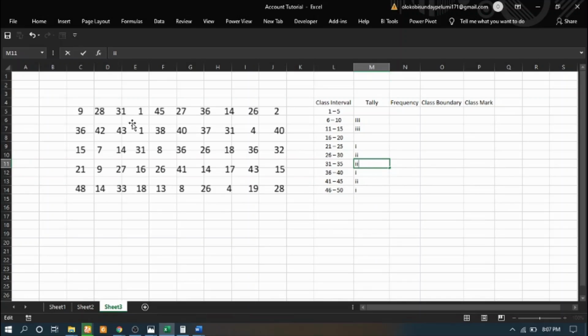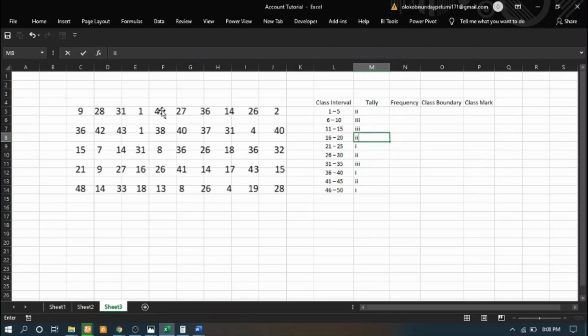We have 1 in this class. We have 1 again in the class. 31 is here. 16 is here. So we have 18 in that same class.